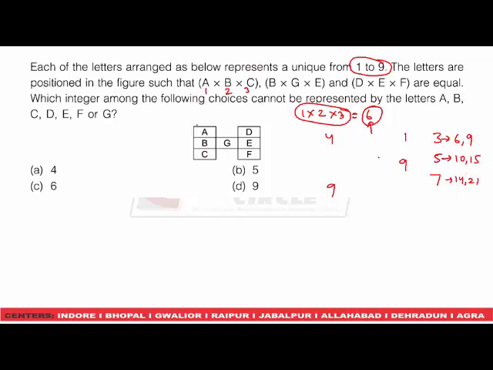From 1 to 9 we can get only 6 and 9. We cannot get 10, 15, 14 or 21. So one thing we can conclude is that either 5 or 7 would be the answer. And since option 7 is not given to us, we can directly take 5 as our correct answer.